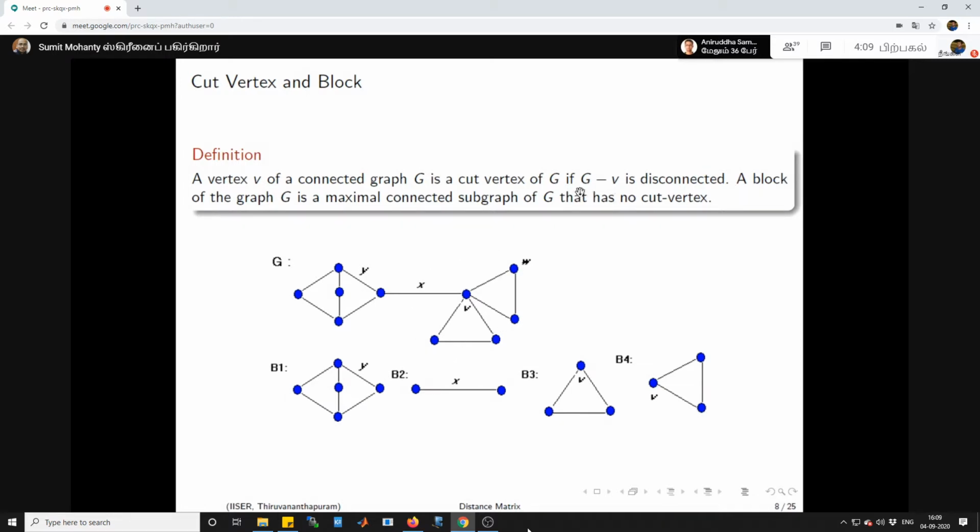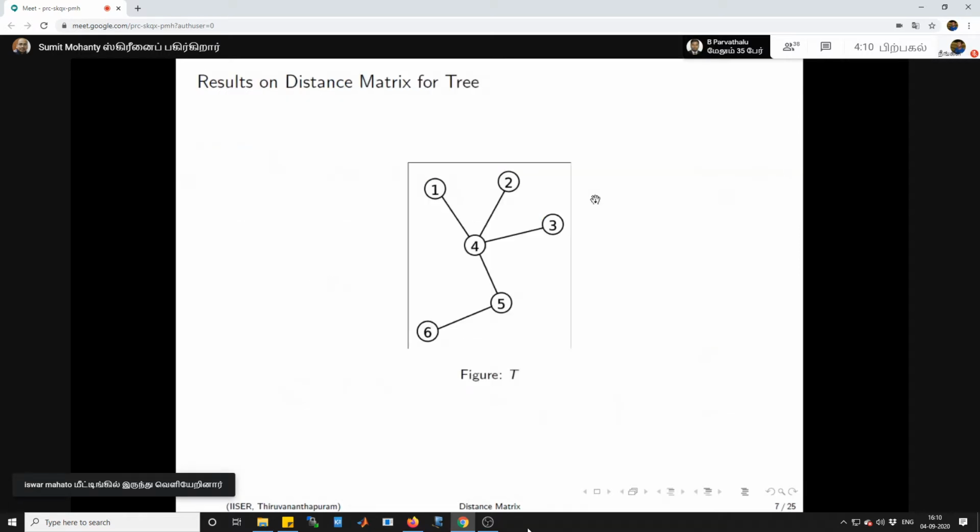So this is a cut vertex. Similarly, this is also a cut vertex, but this is not a cut vertex: if you delete it and its adjacent edges, the graph is not disconnected. A maximal subgraph with no cut vertex is called a block. In the case of a tree, the maximal connected subgraph with no cut vertex is an edge.